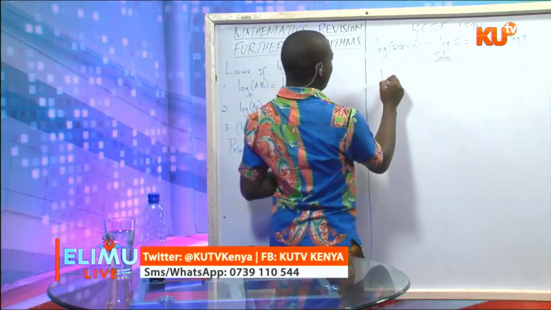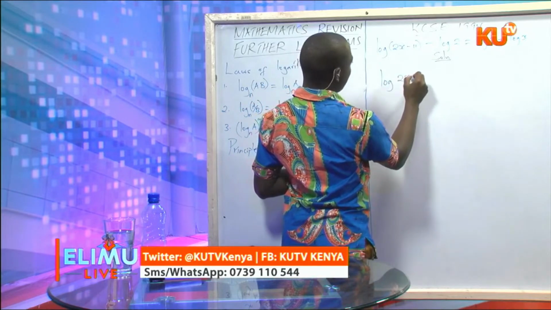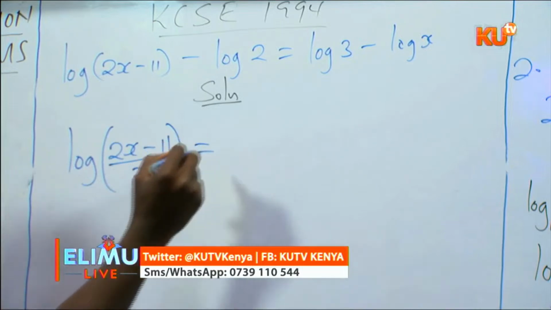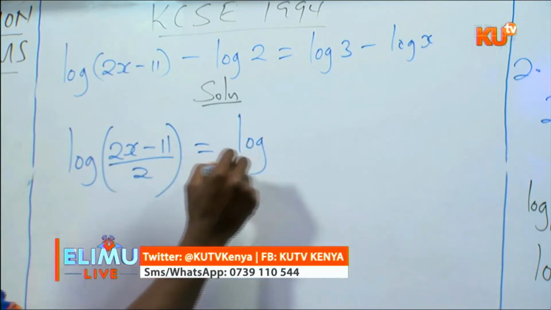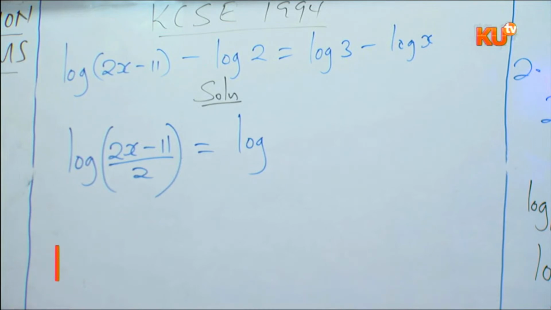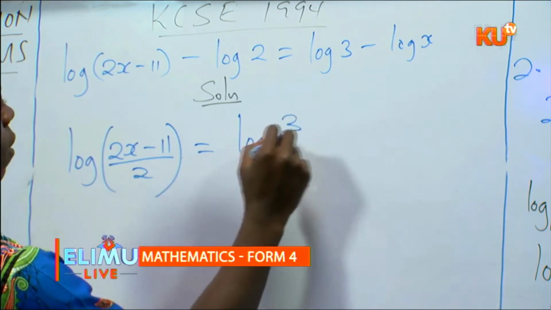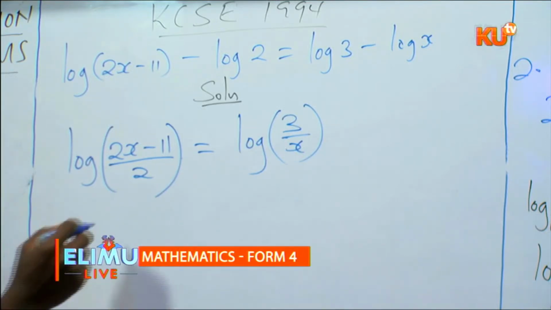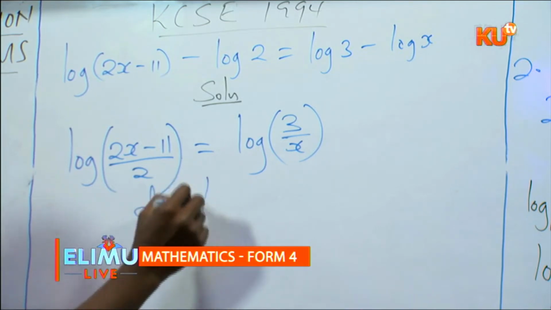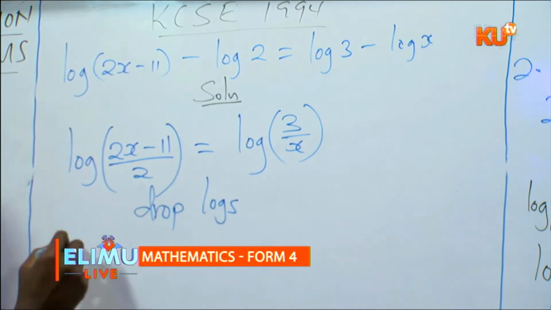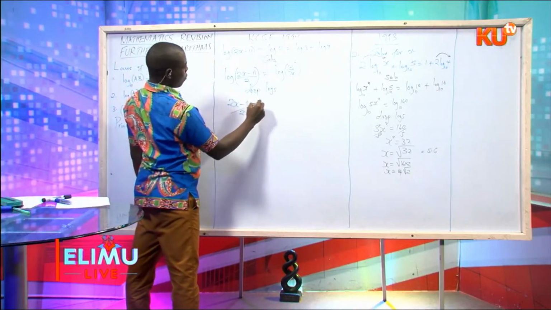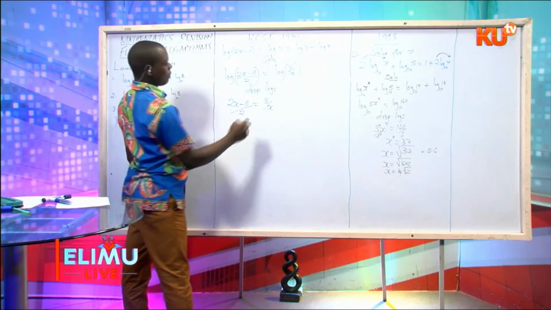We have log (2x minus 11) over 2 should be equal to log, and on the other side we have subtraction, so we have 3 over x. We drop the logs, and so we'll have (2x minus 11) over 2 is equal to 3 over x.